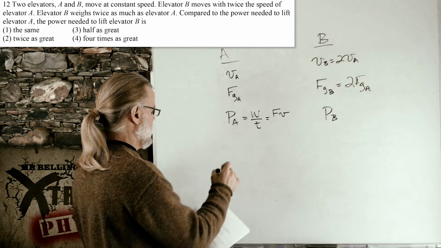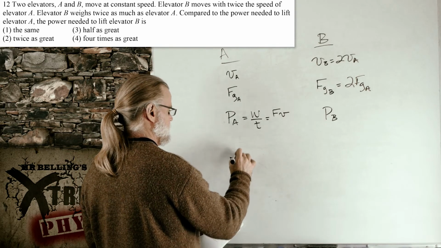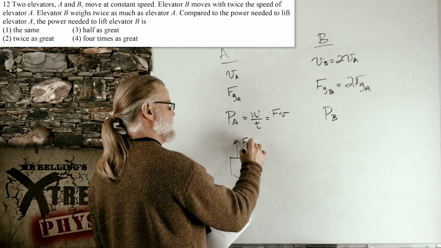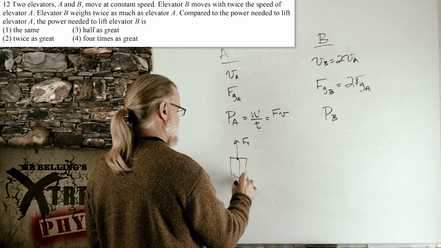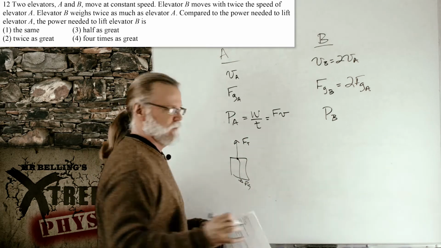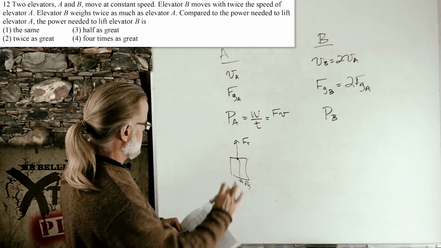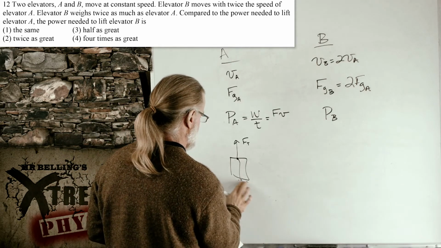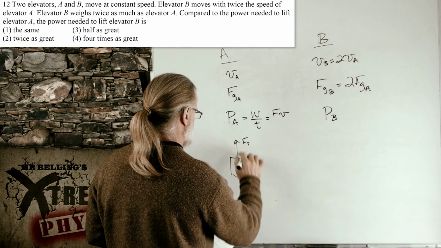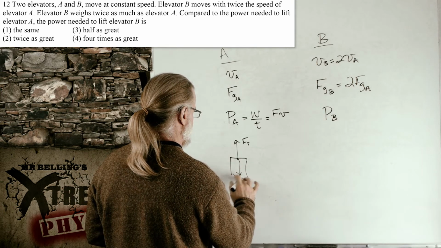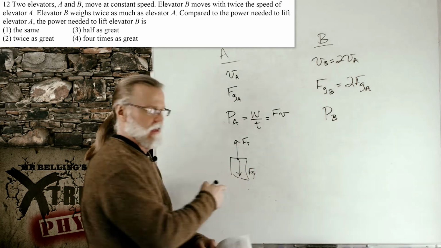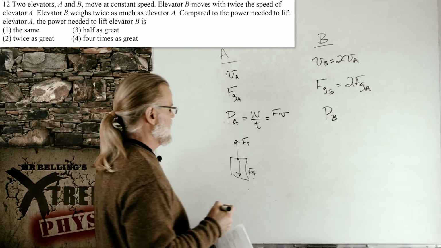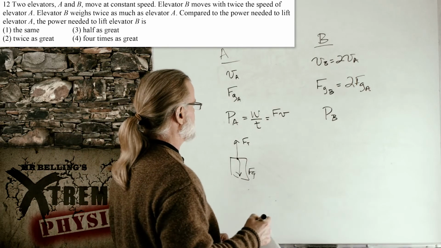All right? It's going at constant speed. So we have the force of tension pulling up, force of gravity down. If it's a constant speed, they must be equal. Did I draw them equal? No, I drew the force of gravity bigger. Let's draw them equal. There, that's equal. They must be equal if it's moving at constant speed.